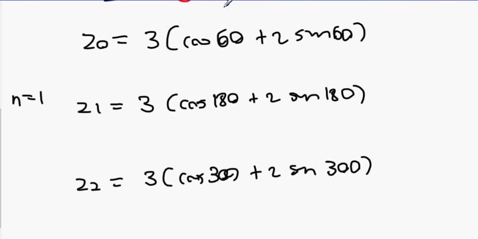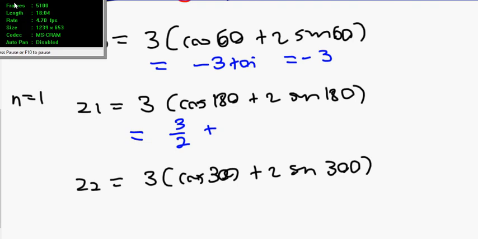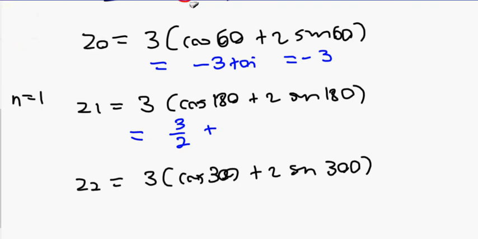Put these into the calculator and we find that the first one equals minus 3 plus 0i, which is still minus 3. Sorry guys, excuse me, I just got these mixed up here.